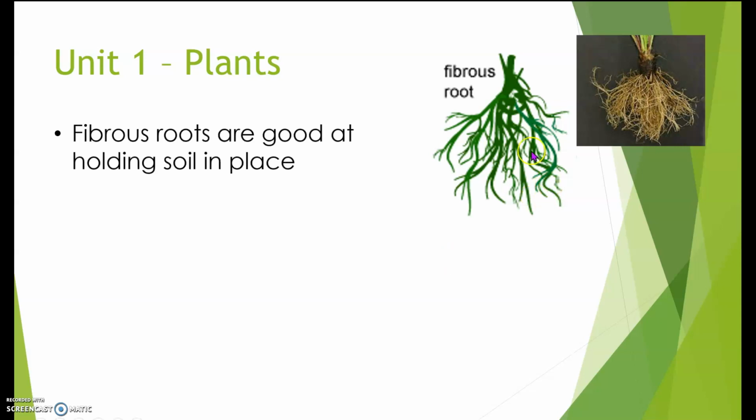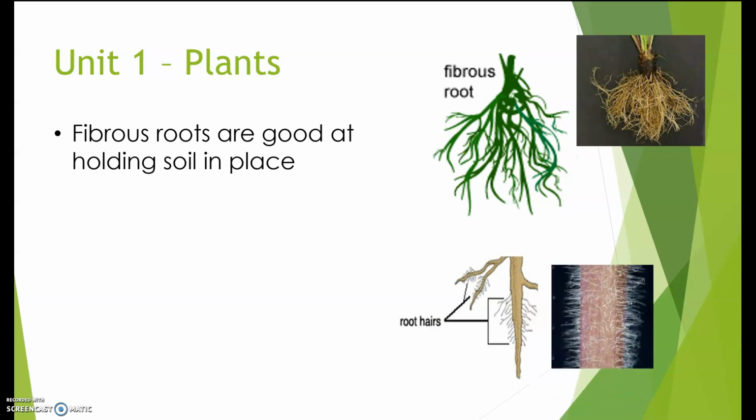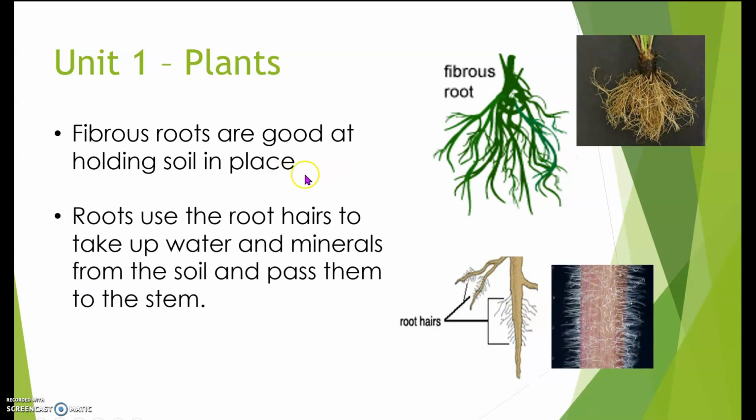This is called the fibrous root. As you can differentiate from the first one we talked about, this one is fibrous root. Fibrous roots are good at holding soil in place. That's why the plant is not moving or falling, because fibrous roots are good at holding soil in place. Another one. Roots use the root hairs to take up water and minerals from the soil and pass them to the stem.